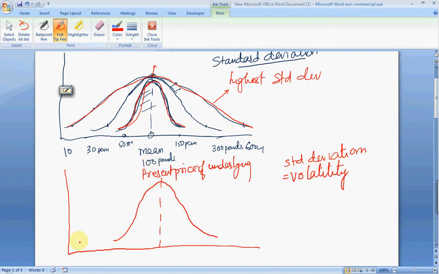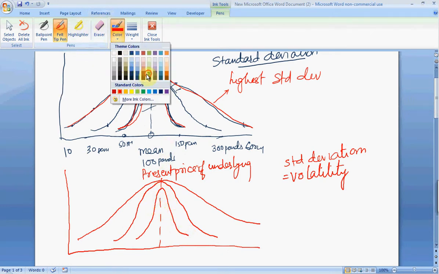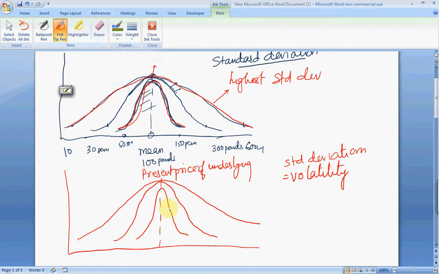And again, there could be curves like this. For this curve, the data is more centered around the mean, and it is less volatile.